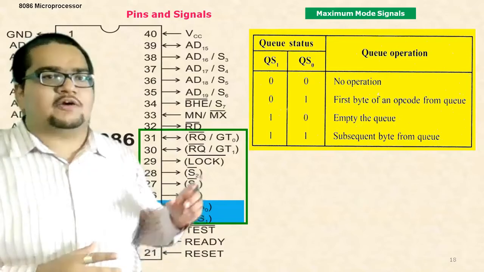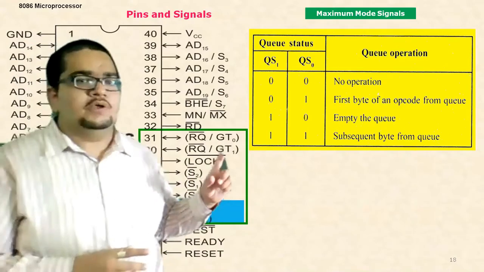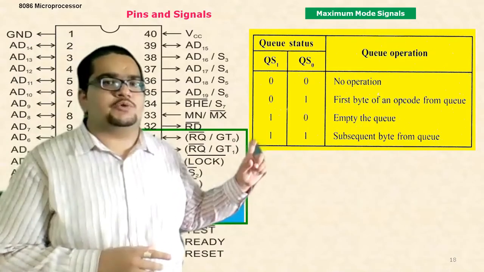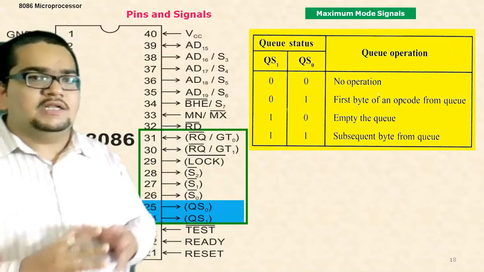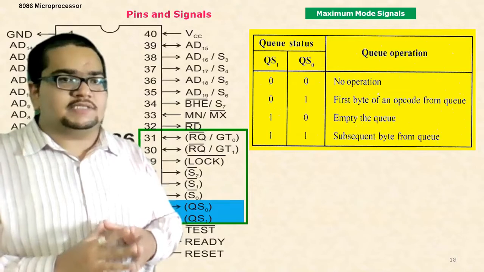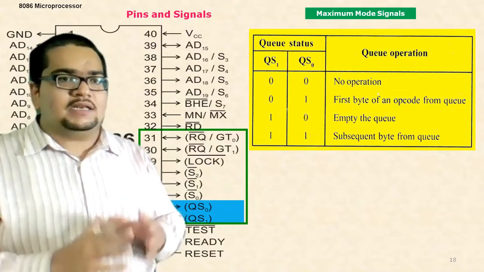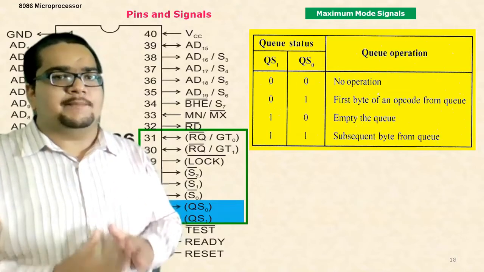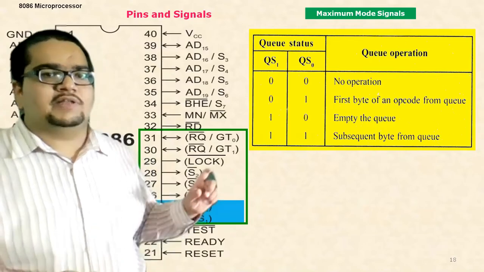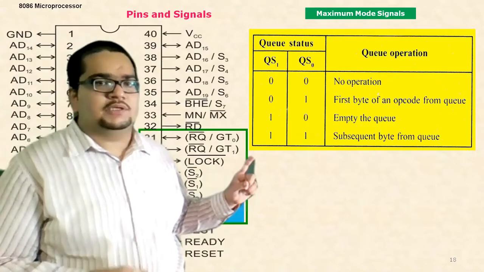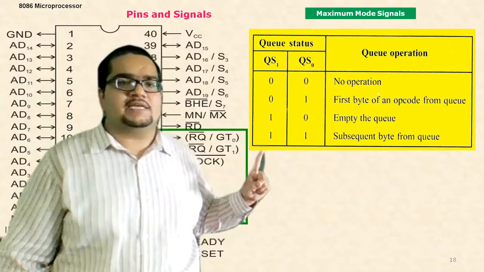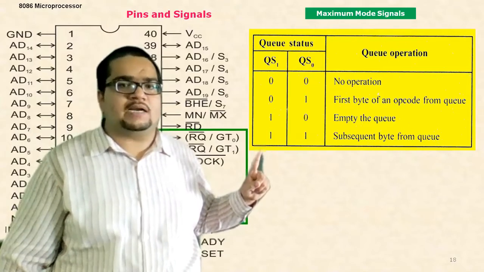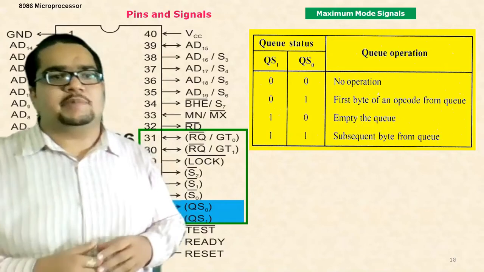Now, when the combination is 1, 0, that means QS1 is 1 and QS0 is 0, that time it is an indication that the processor is showing that its internal instruction queue is empty. And lastly, when both lines QS1 and QS0 are 1 and 1, it is an indication by the processor that the subsequent byte is being accessed.